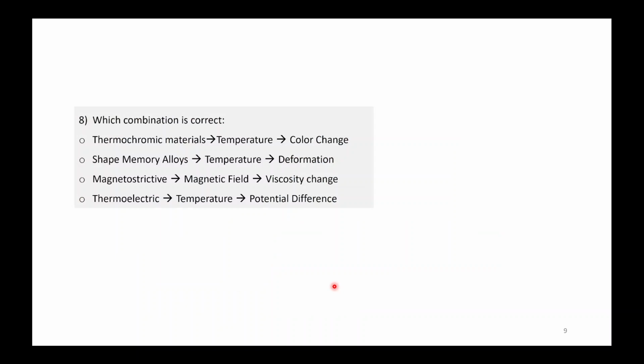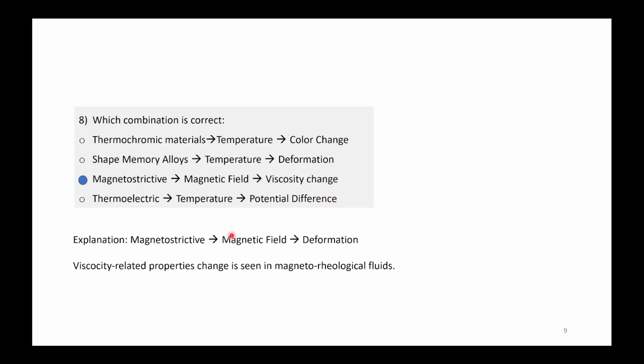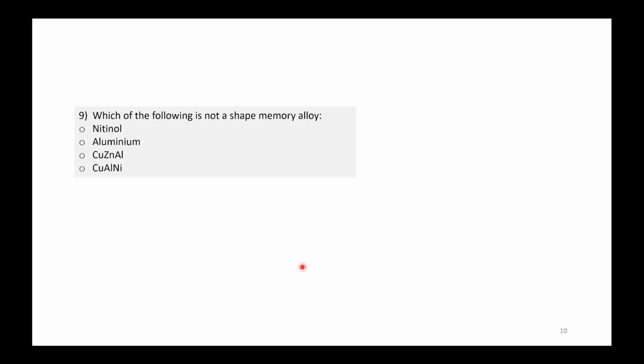Which combination is correct? Only one is wrong: if a magnetic field is converted into deformation, then it is magnetostrictive. If it is viscosity, then it will be a magnetorheological material. Ninth: which of the following is not a shape memory alloy?